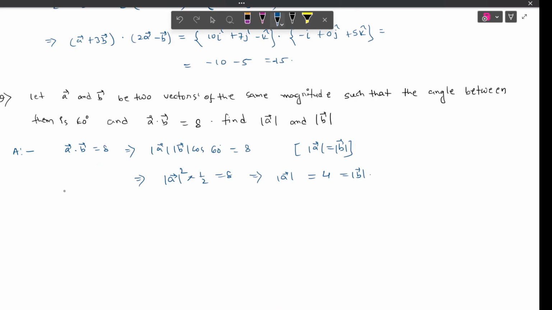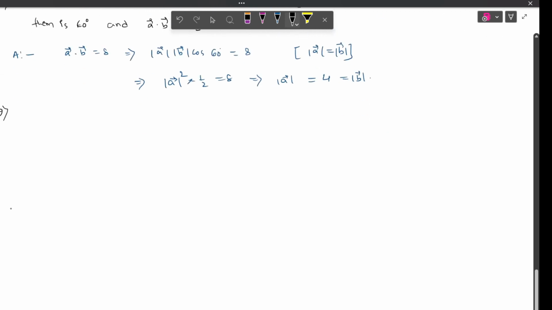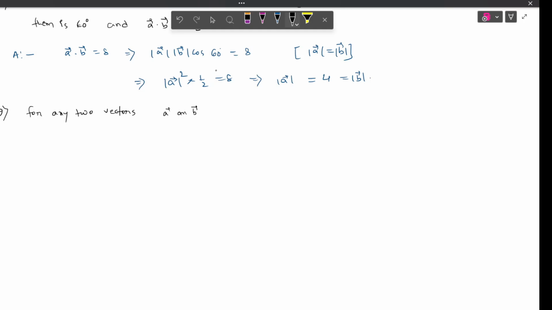For any two vectors A and B, prove that modulus of A plus B square is mod of A square plus mod of B square implies A and B are orthogonal.